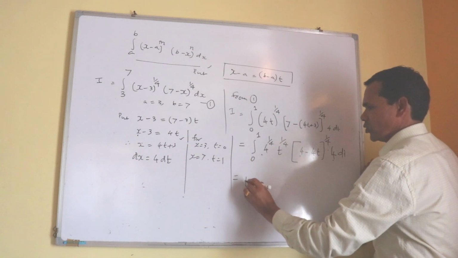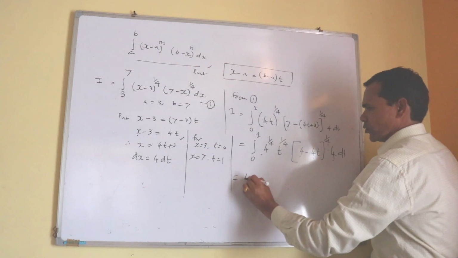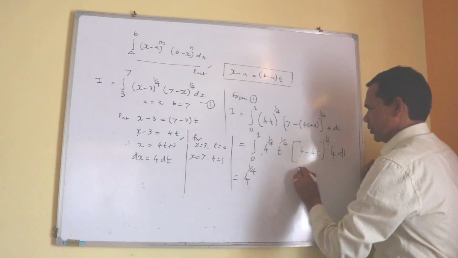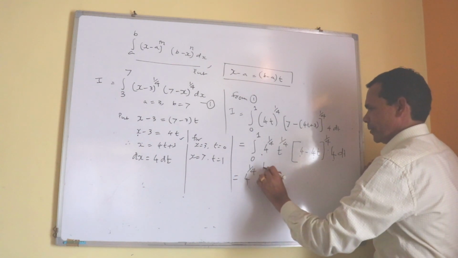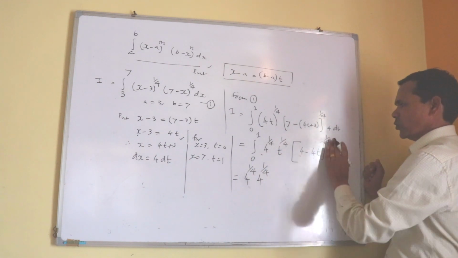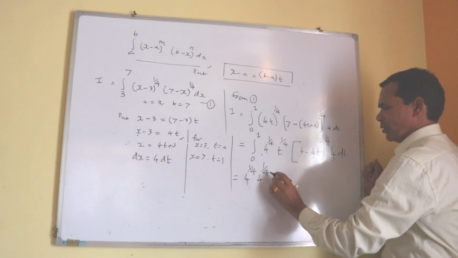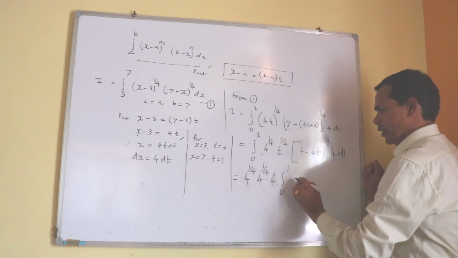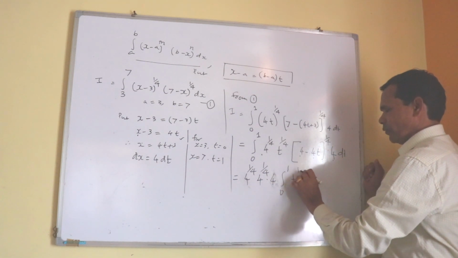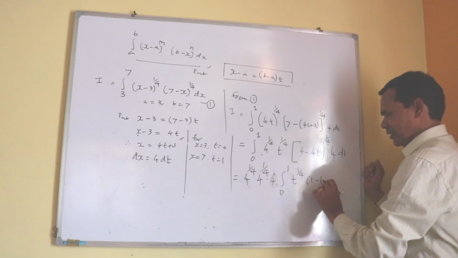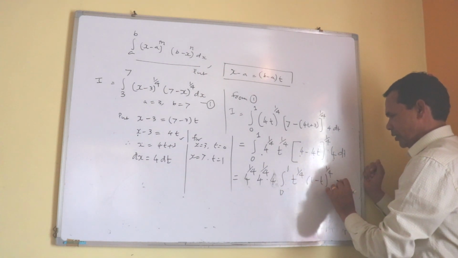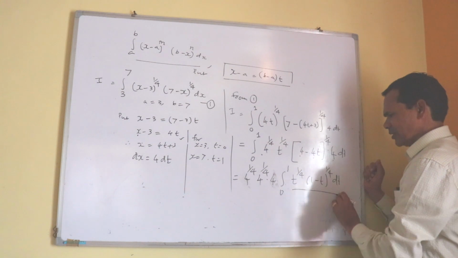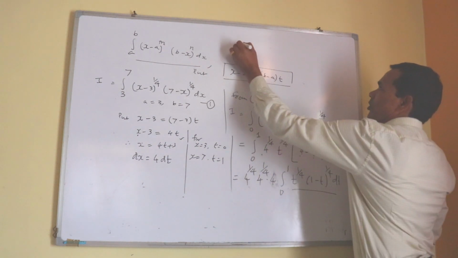So it is 4 raised to 1 by 4, 4 raised to 1 by 4, and 4, multiplied by the integral 0 to 1 of t raised to 1 by 4, 1 minus t raised to 1 by 4, dt. So this is comparable with the beta function.